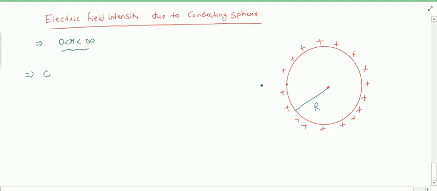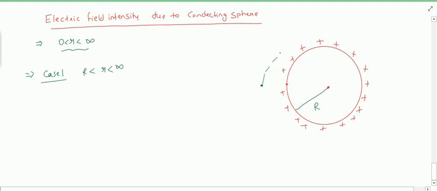Let us say case 1, where r is varying from capital R to infinity, which means that the point at which we are finding the electric field intensity is outside the conducting sphere.